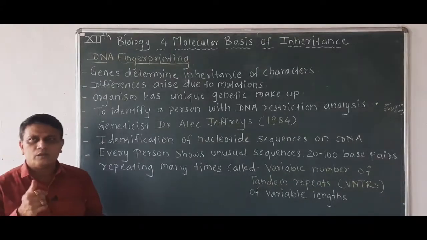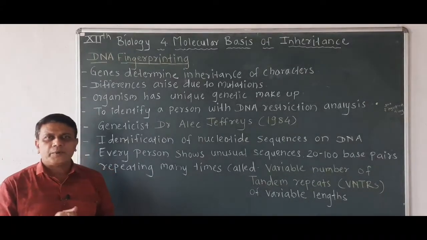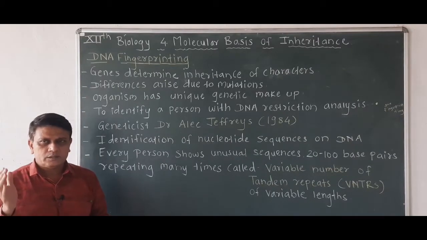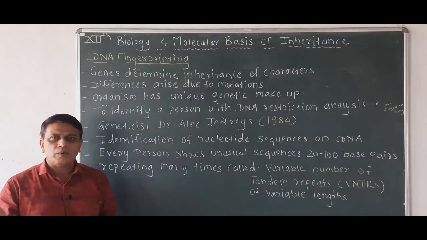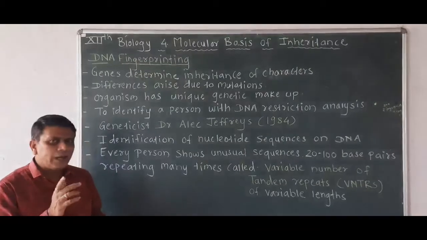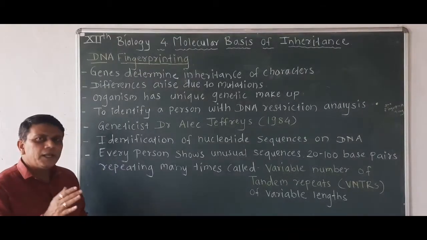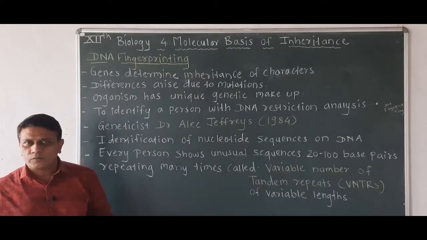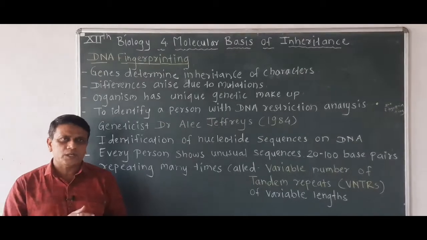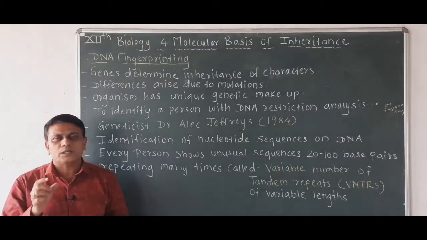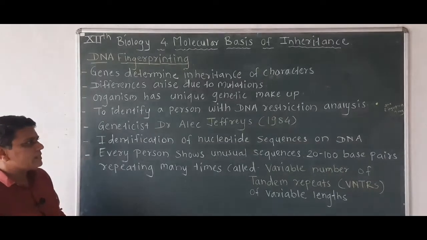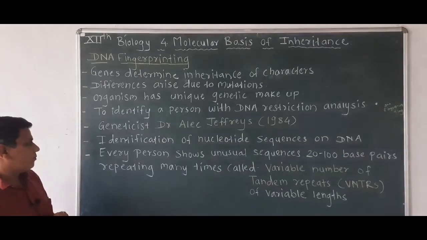As you know that the fingerprints of each person are different from another person, so like that the DNA of each person is different from another person. So to identify the person with the help of his DNA or genetic makeup is called DNA fingerprinting.